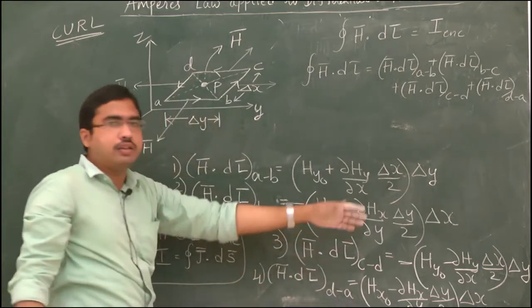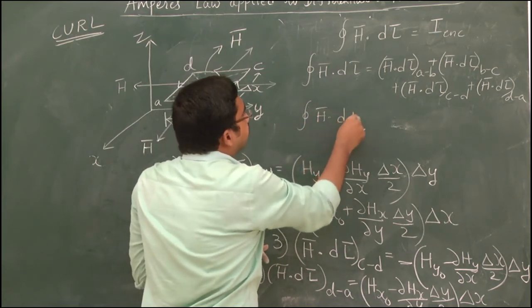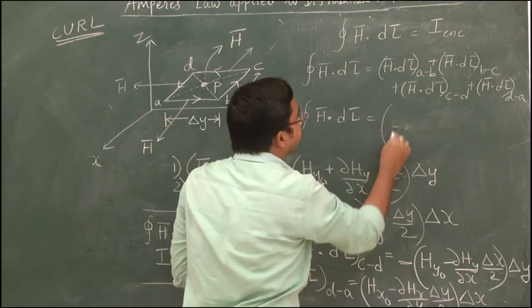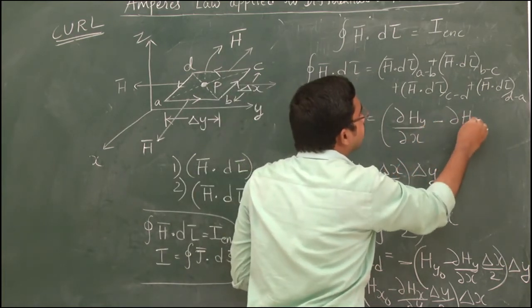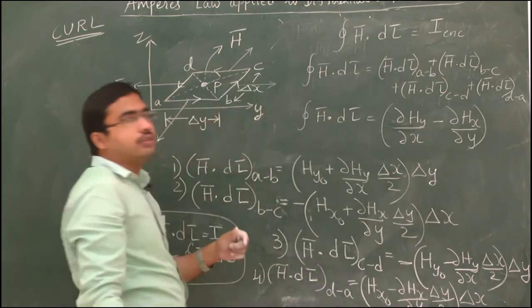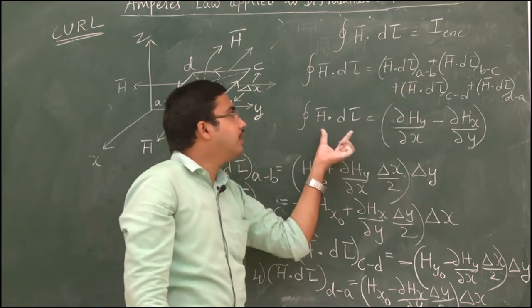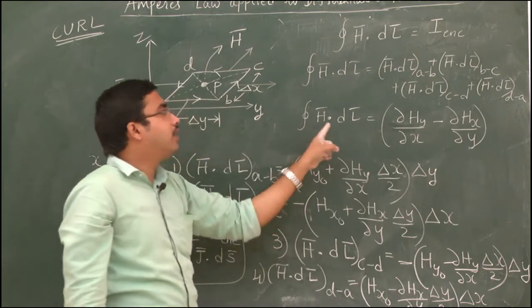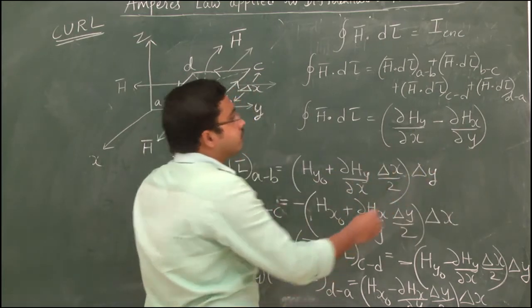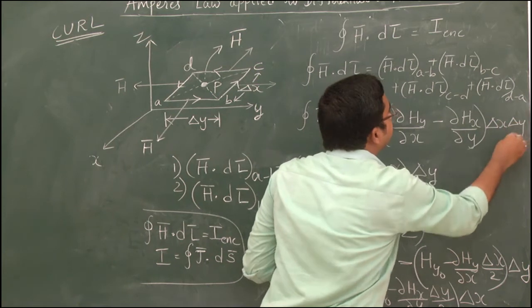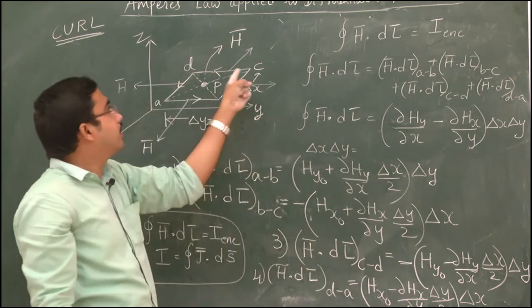So if you substitute all these and add all of them, the final expression is closed integral of h bar dot dl bar is equal to dou hy by dou x minus dou hx by dou y, into delta x into delta y, where delta x into delta y is the formula for the surface area of the rectangular path that you are considering.